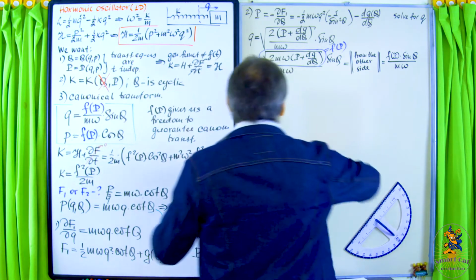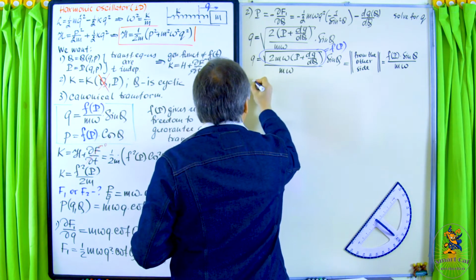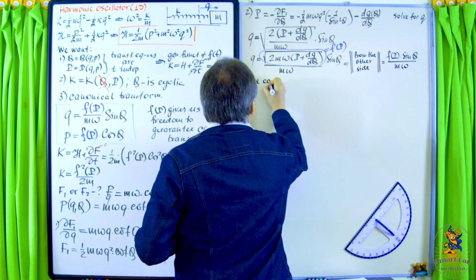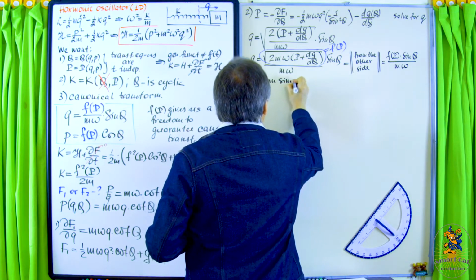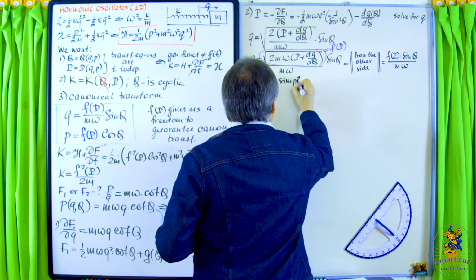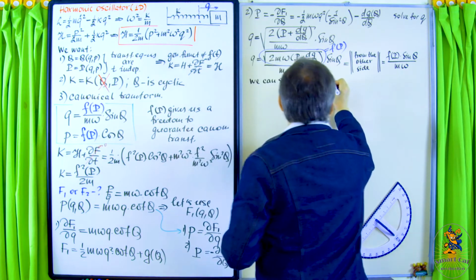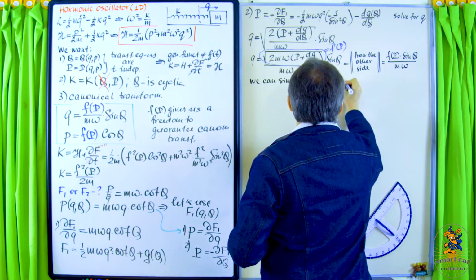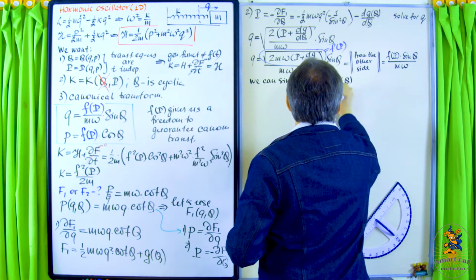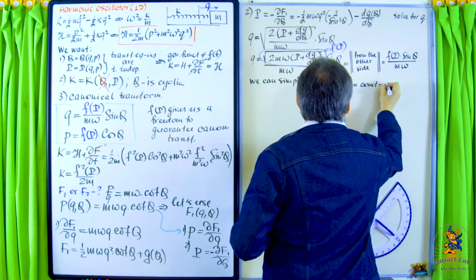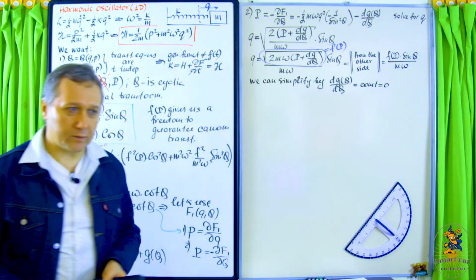Okay, so we can simplify by taking dg, which is a function of q, with respect to q, equal first to some constant, and then we can say, what about just making it 0?